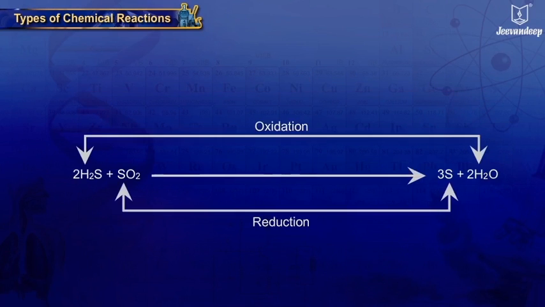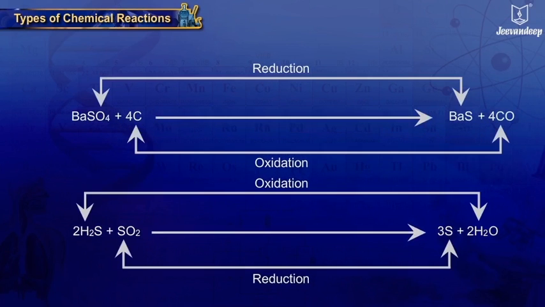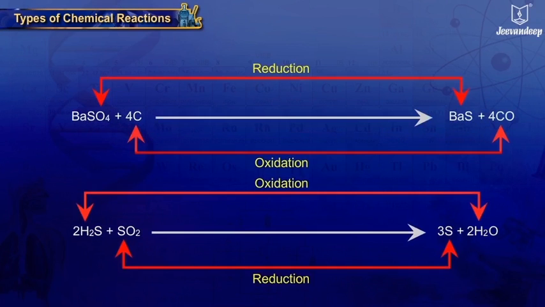In the second equation, oxygen is removed from sulfur dioxide, reducing it to elemental sulfur, and the removed oxygen adds to hydrogen, oxidizing it to water. As in both these cases, oxidation and reduction reactions are taking place simultaneously, these are known as redox reactions.